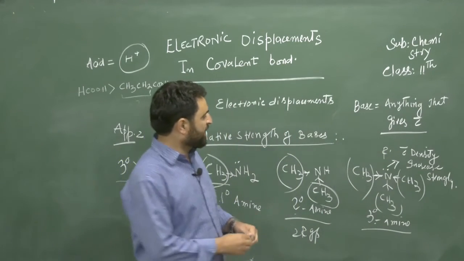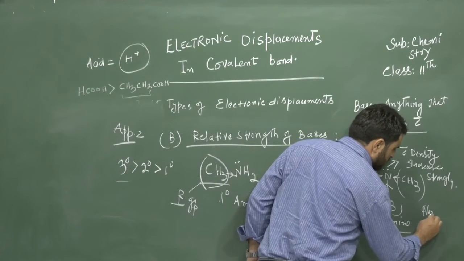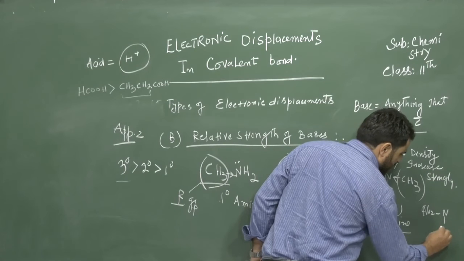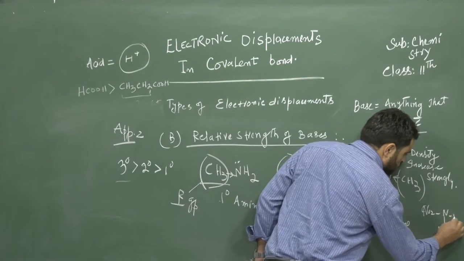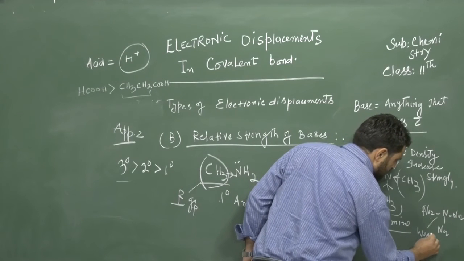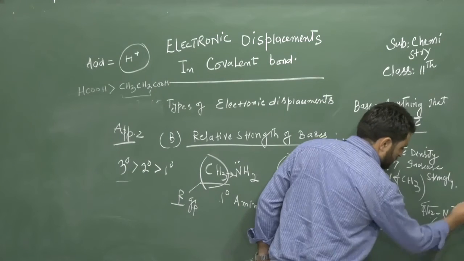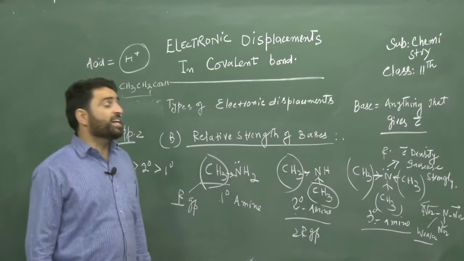For example, if I write NO2 here, this is the weaker base, because this NO2 withdraws electrons; it has a minus I effect.